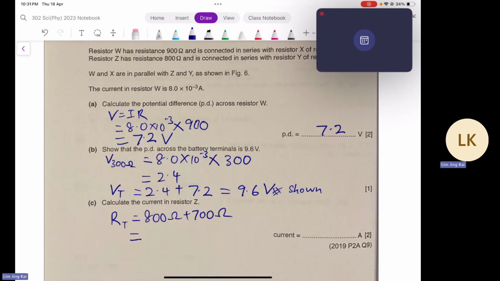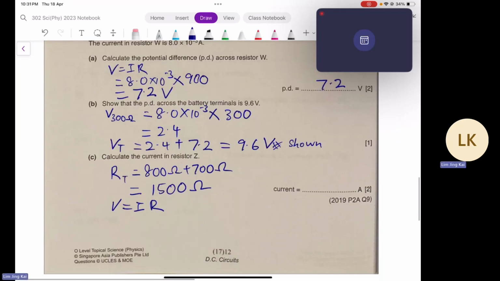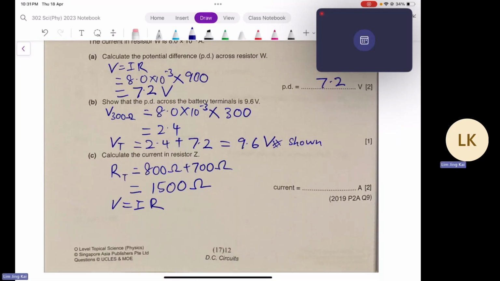Okay, so 800 plus 700 would give us 1500 ohms. Okay, so from here, I know my V equals to IR can be used. Okay, and V is 9.6, so I want to find my current, V over R, which will give us 9.6 volts divided by 1500.